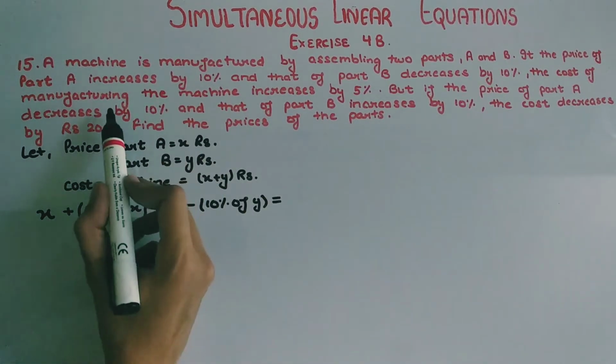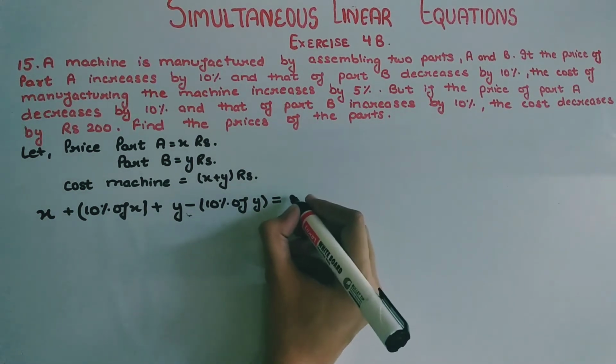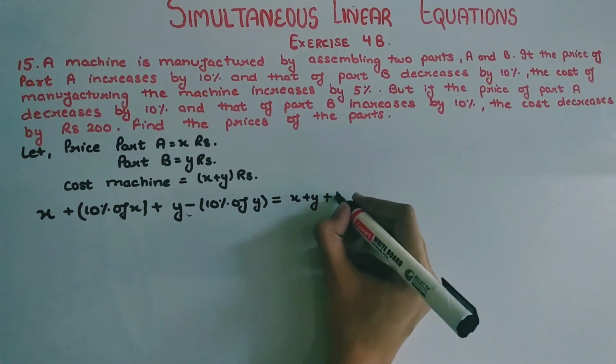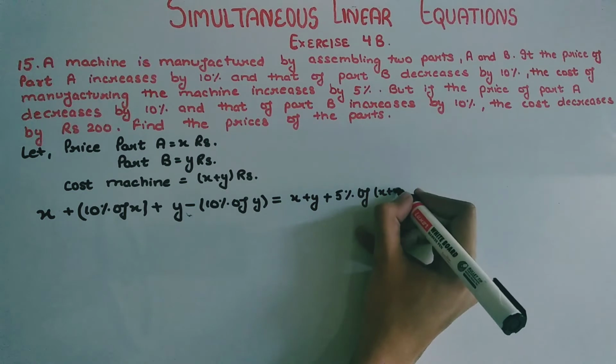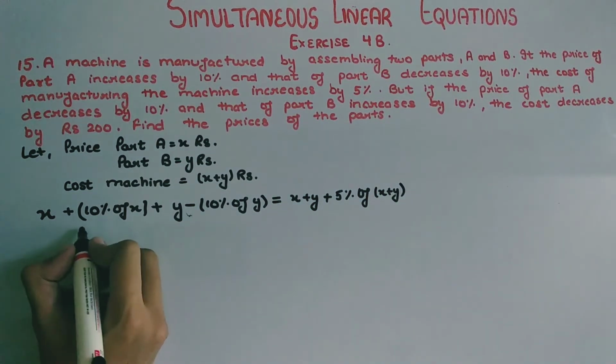The cost of manufacturing the machine increases by 5%, meaning the cost increases by 5% of the initial cost, that was X plus Y. This is what the question says. Hence, now we will solve this.